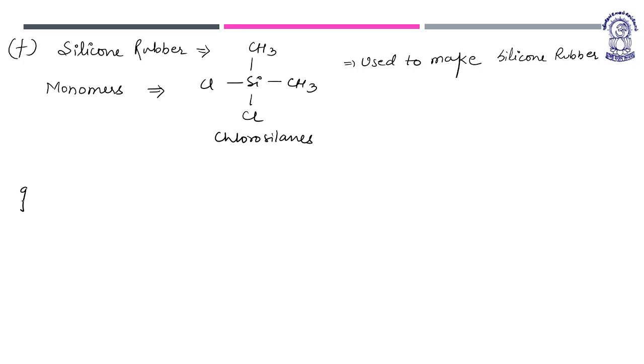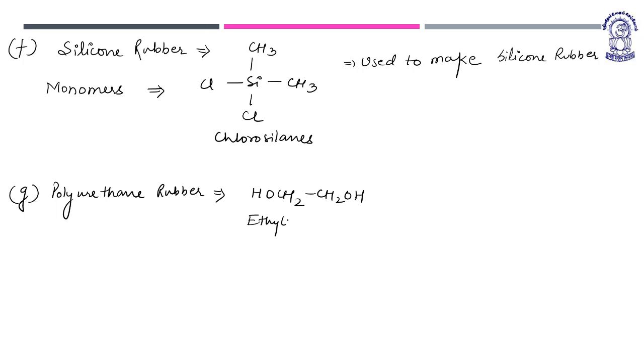Now polyurethane rubber. The monomers are ethylene glycol plus ethylene isocyanate.